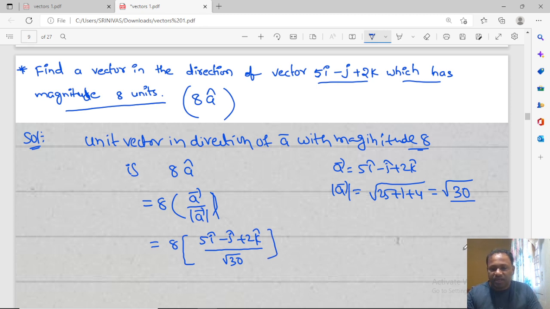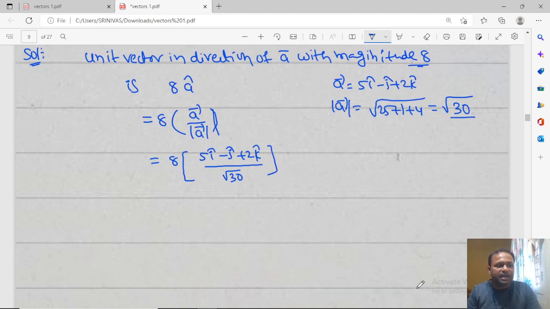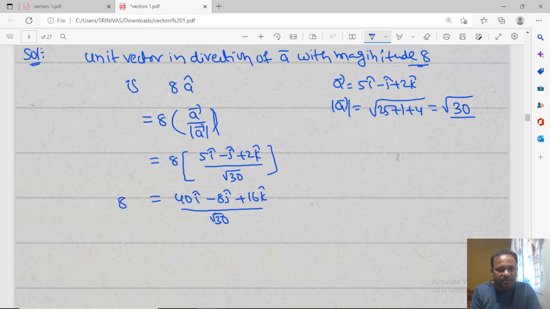Okay, so we can multiply this. By multiplying this, what we get? That is equal to 8 5s are 40i cap minus 8j cap plus 16k cap divided by root 30. Okay, so this will be 8 into a cap.